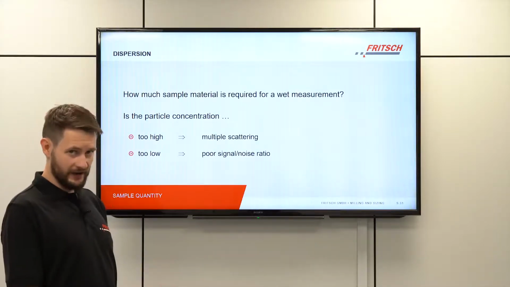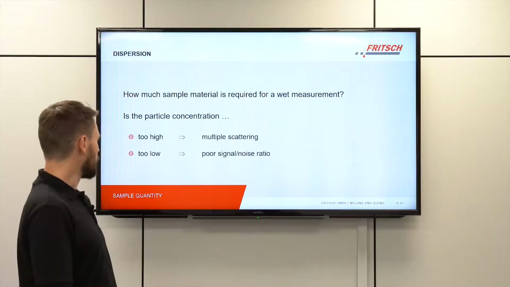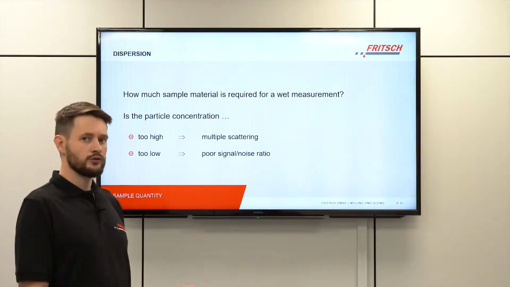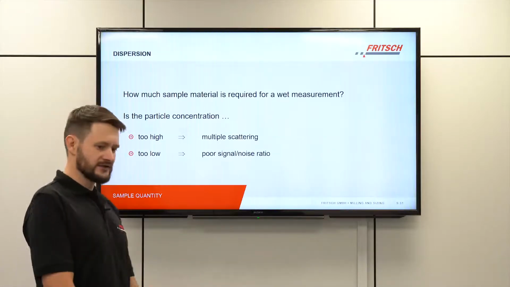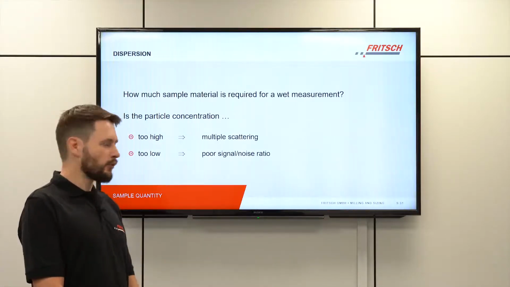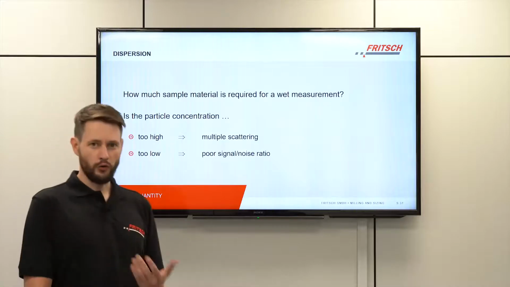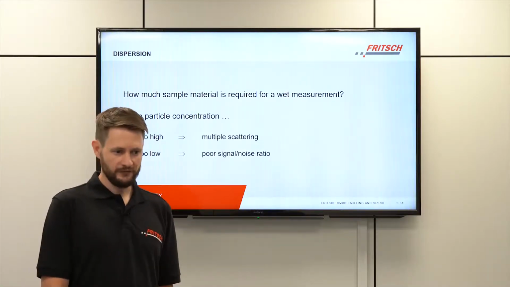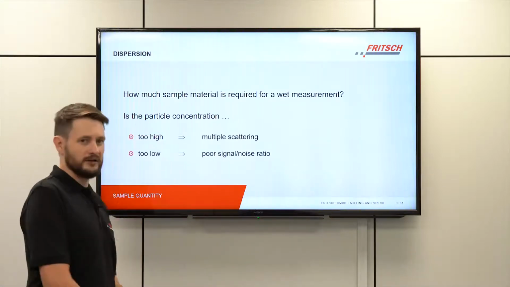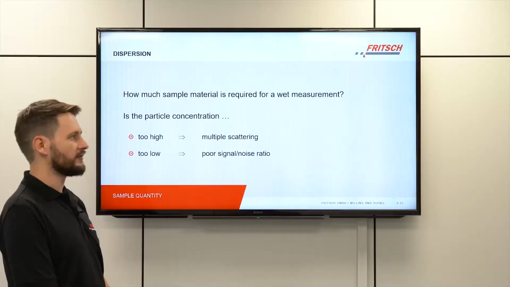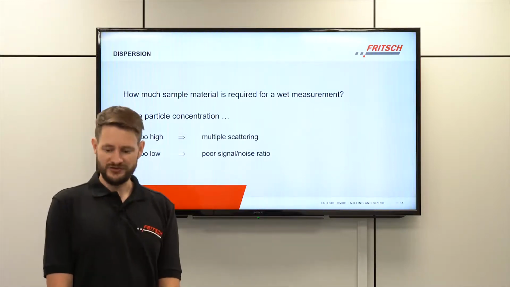On the other hand, we also don't want the concentration to be too low, because then we also risk a very poor signal to noise ratio. So we have to find the sweet spot between these two possibilities in order to get a reliable and good result.